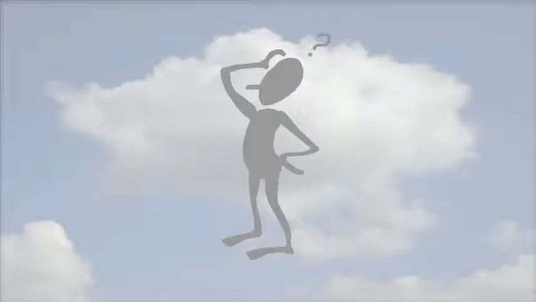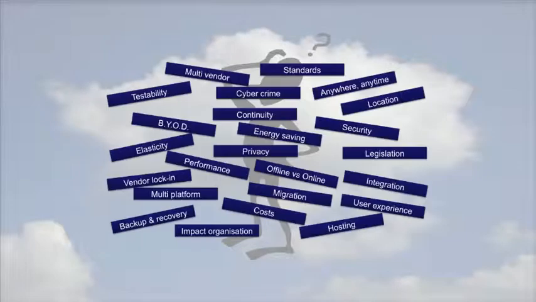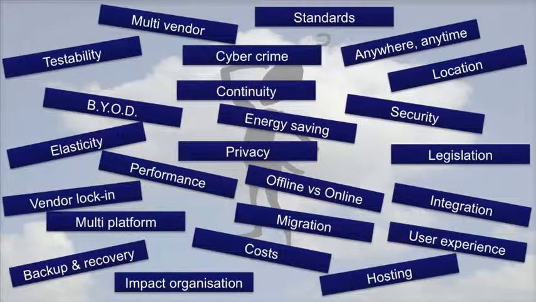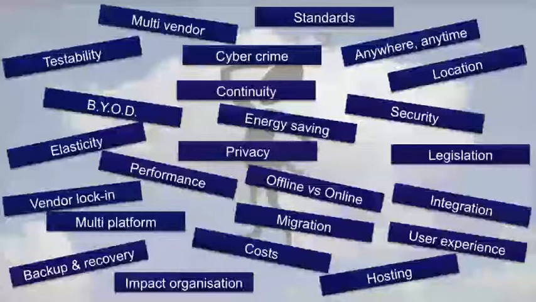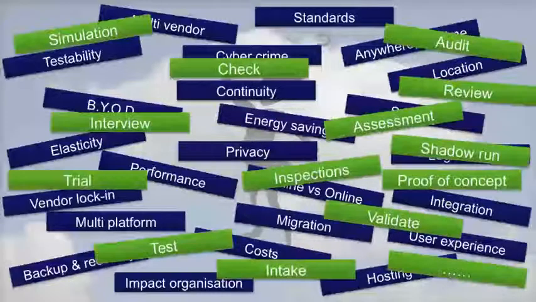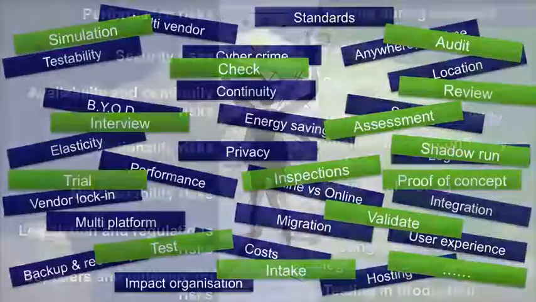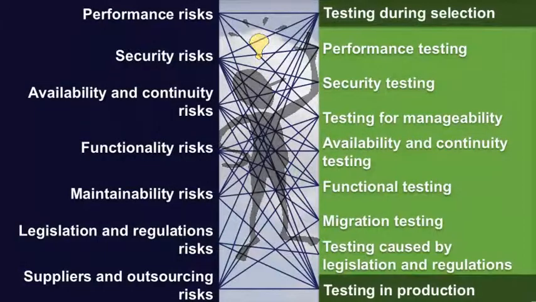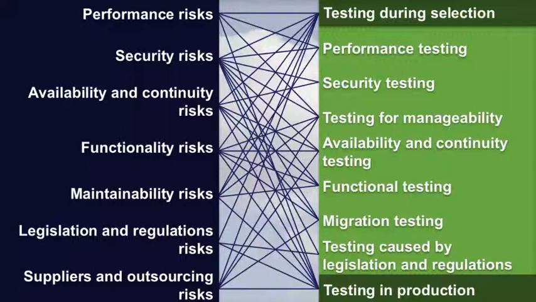So, what did we learn? I showed you that various cloud-related risks are introduced when cloud services are implemented. And we have identified a large variety of test measures to mitigate. We identified individual test measures for many individual risks.